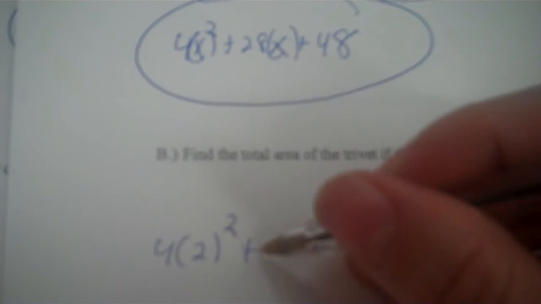Okay, now what I do is find the total area of the trivet if the width is 2 inches. So this 2 means I'm going to plug the 2 in for x, because those x's I didn't know are now 2's, they say. Okay, so what I do is I replace my x's with 2. So 4 parentheses 2 to the second, you can see what I'm doing, plus 28 parentheses 2 plus 48.